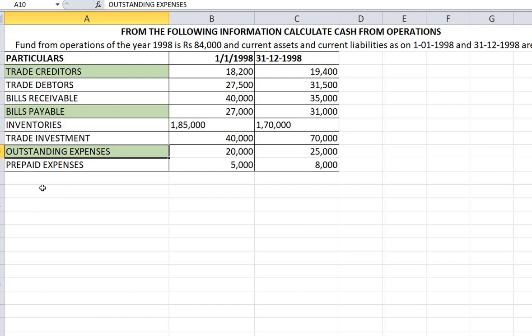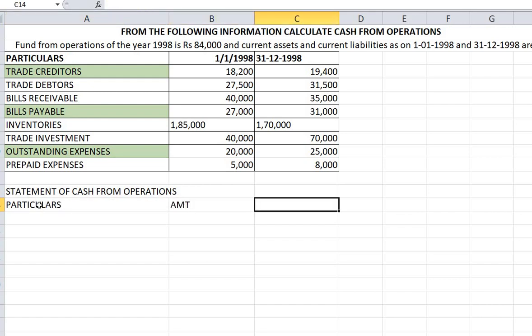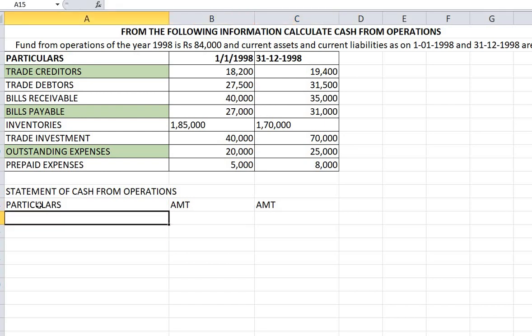First thing is you're going to prepare a statement of cash from operations, and then you give particulars and amount, that's the format. We know what items should be added and what should be subtracted.